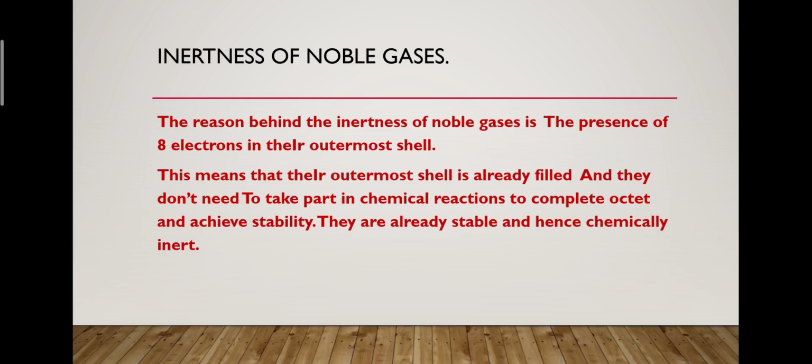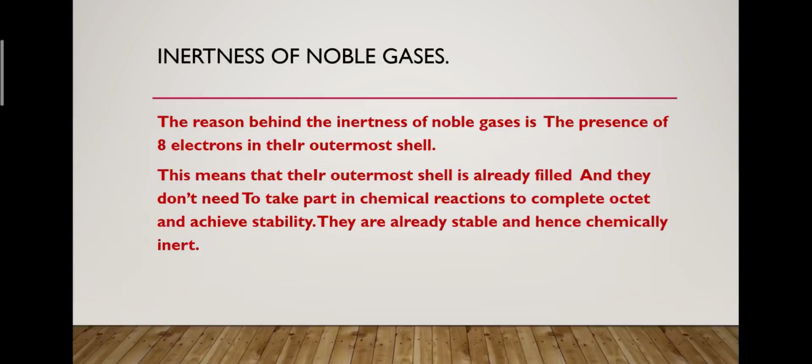The reason behind this inertness of a noble gas is the presence of 8 electrons in their outermost shell. As I've explained about electronic configuration and the octet rule, the outermost shell should accommodate a maximum of 8 electrons.